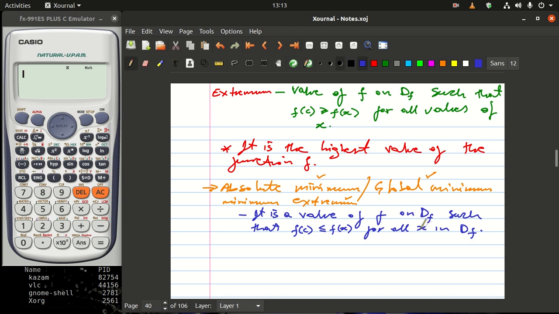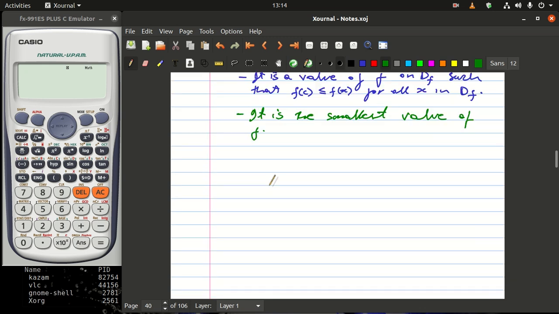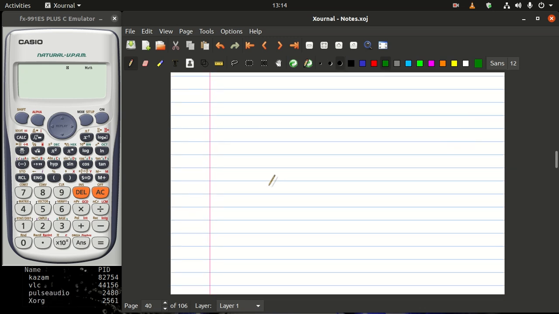So basically we usually say that it is the smallest value of f. So it is the smallest or the lowest value of f. That is what an absolute minimum or a global minimum or a minimum extremum is. So that is what I want you to know.